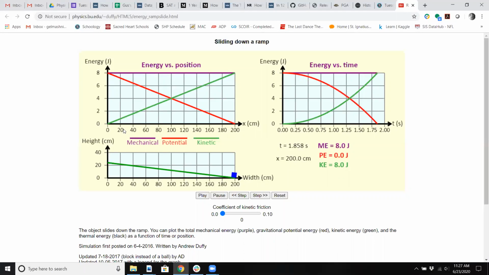So they just flipped it compared to the way I had it, because I had the bottom of the ramp on the right and the top of the ramp. Yeah, so I guess they were interpreting a little different, but it's still the same trends as you see. So I think that's really what matters.